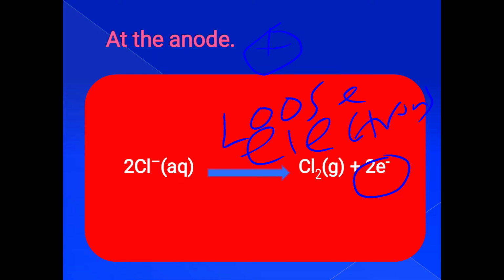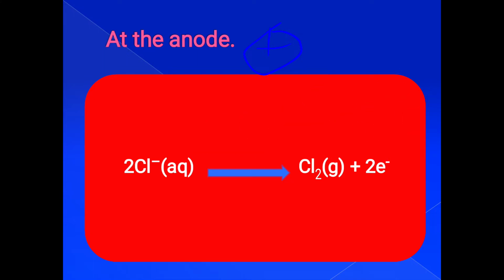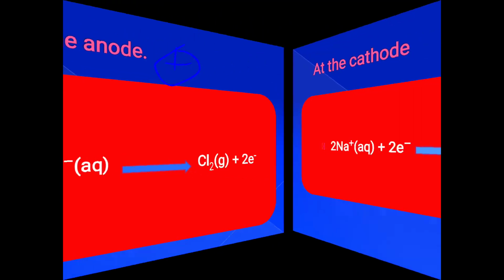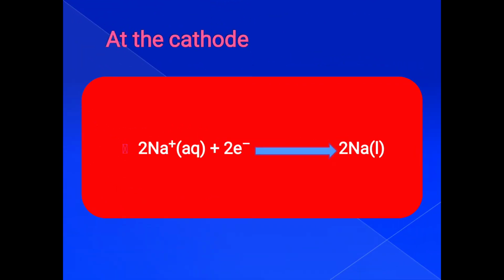Each chloride ion loses 1 electron, and because we have 2 of them, they lose 2 electrons with formation of chlorine gas. So from 2 chlorine atoms, we have a molecule of chlorine which is made up of those 2 chlorine atoms. When that is done, we also look at the equation at the cathode.